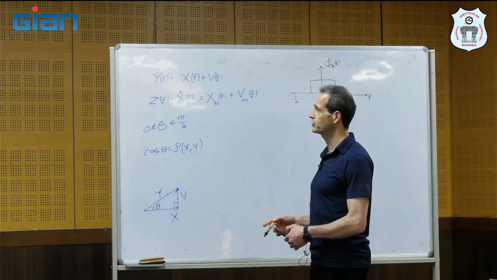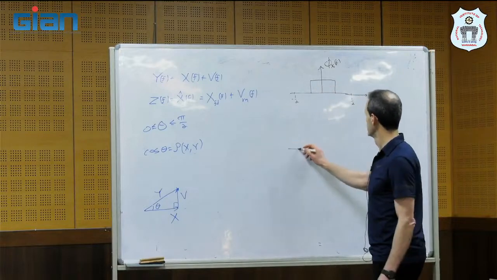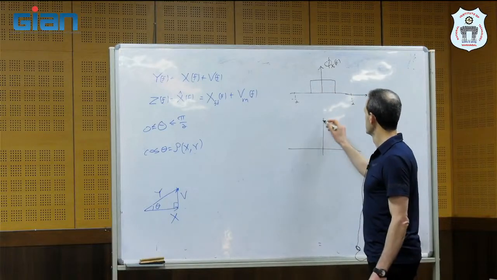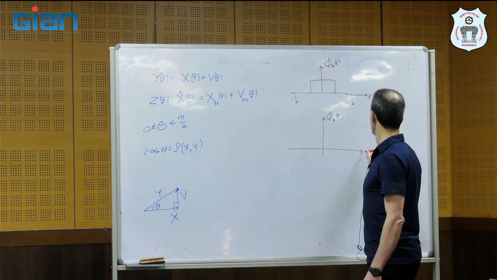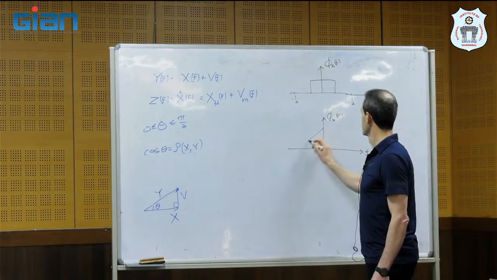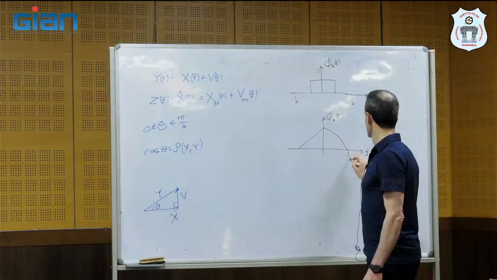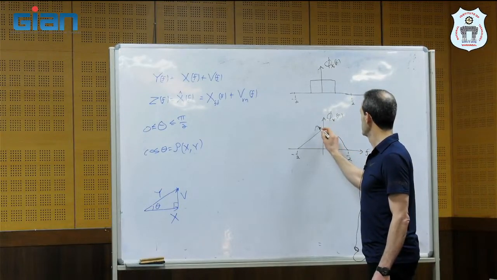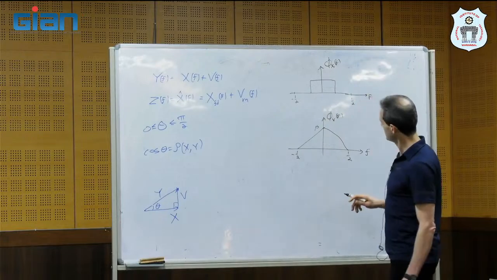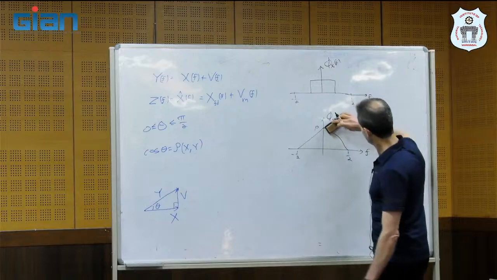This is like a normalization, and it goes like this. This is the spectrum of the noise. Here is better. Okay? So this should be a straight line. Okay?